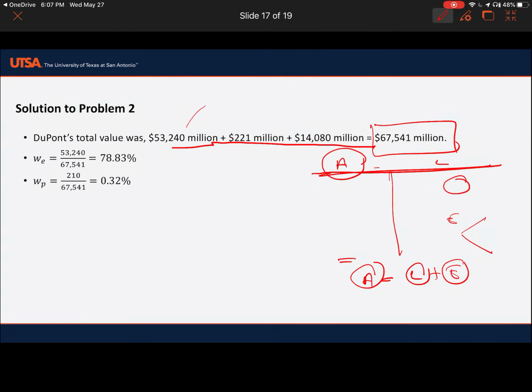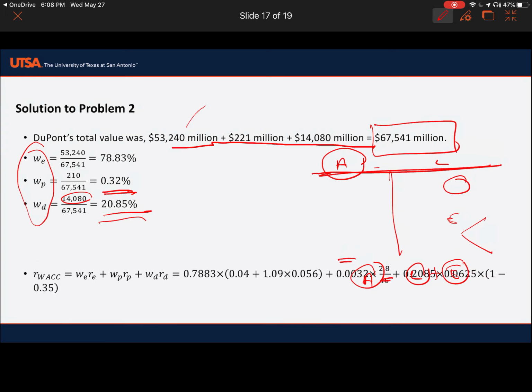We have 210 preferred equity divided by total assets. We find the proportion of preferred equity, and then finally we look at the debt. So the total debt is 14,000 over 67,000, and we find that proportion, 20%.